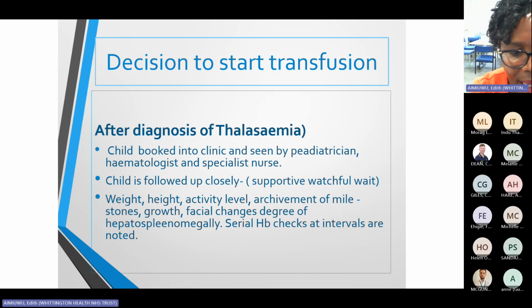But in this case, it's usually followed up by closely watching this baby. I refer to it as supportive watchful wait, where we're waiting and supporting them at the same time through education and close monitoring as well. During this period of waiting, we monitor closely the height, the weight, activity level.